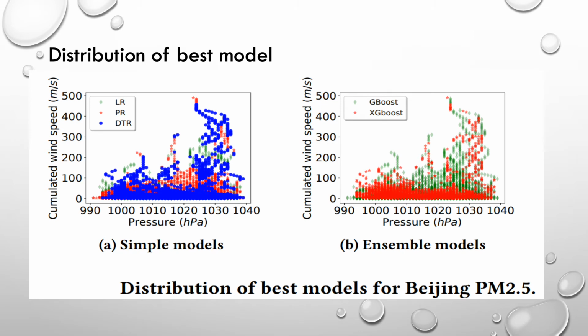Here is another example for the two-dimensional Beijing PM2.5 dataset. The left figure shows the distribution of the best model when linear regression, polynomial regression, and decision tree regression are used. It is clearly shown that the linear regression dominates in the upper central region, polynomial regression dominates at the lower central region, and the decision tree regression performs best in the rest of the space.